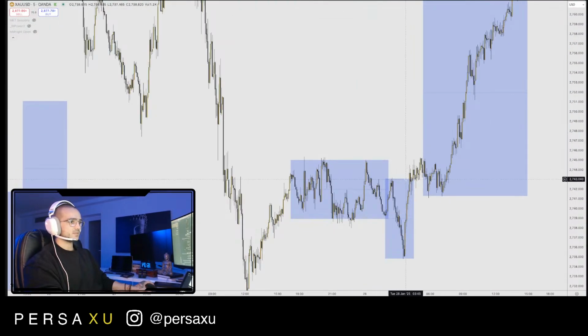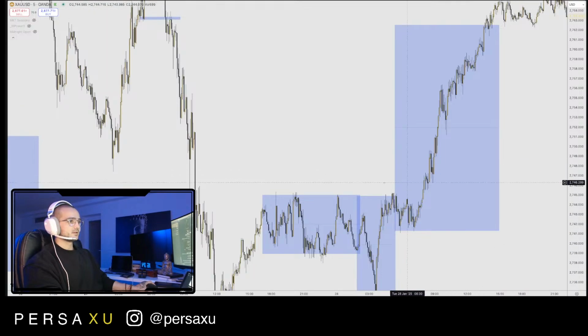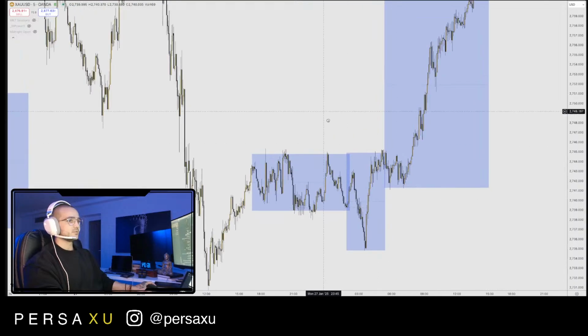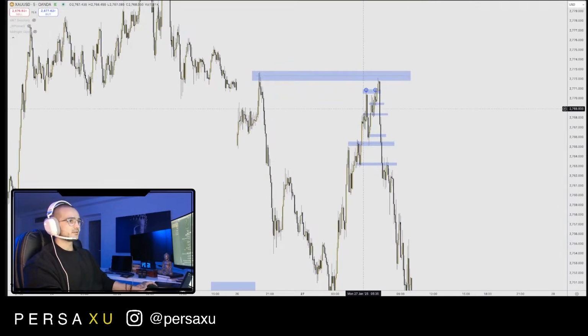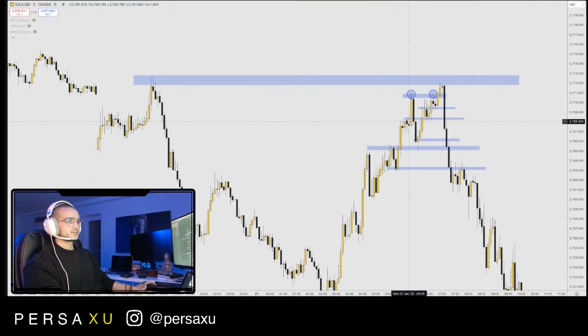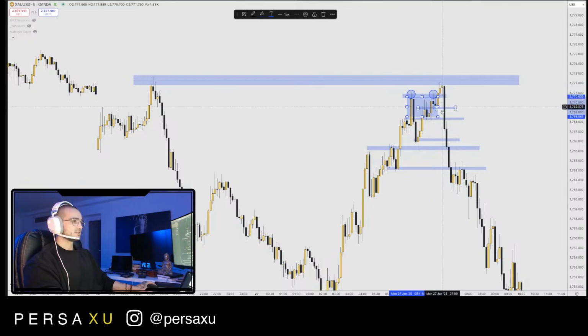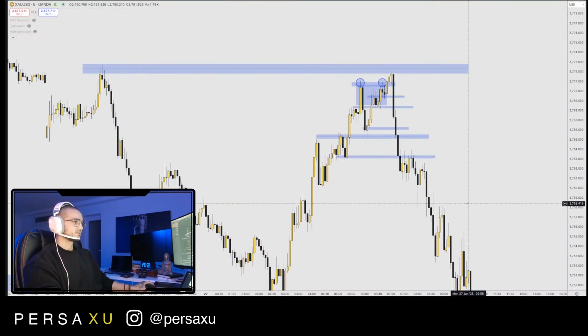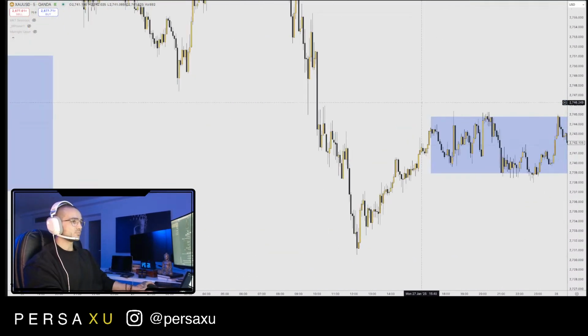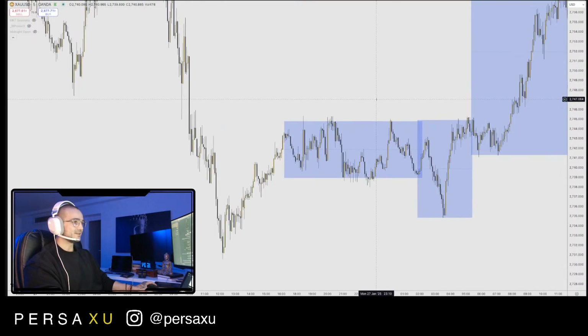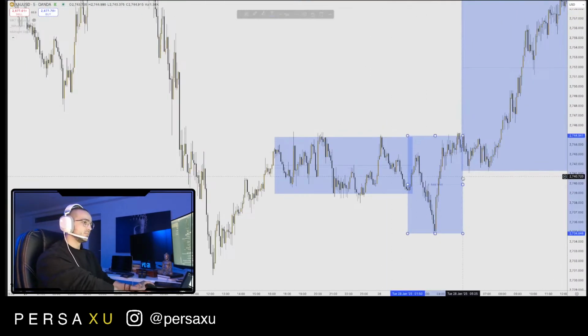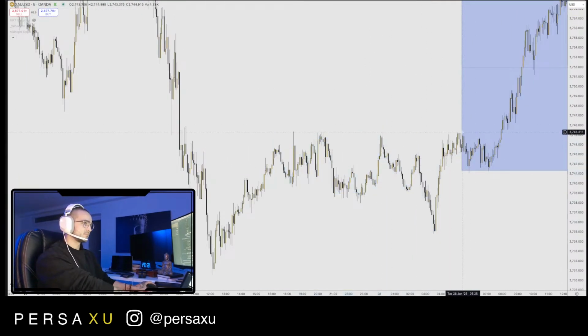So the market does this: before it wants to go up, it creates a V, and before it wants to come down, it creates an A. You have a consolidation here, which was this smaller range, manipulation, distribution. It's not always that pretty, that evident visually, but it takes place all the time.